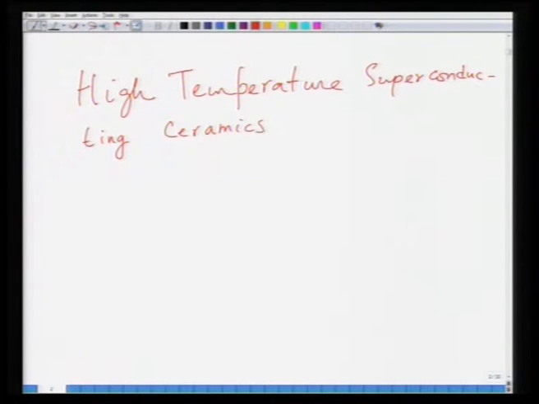An introduction to high temperature superconducting ceramics does not happen without an introduction to superconductivity itself. So we will initially introduce superconductivity, talk about low temperature superconductors a bit, some of the fundamental principles behind superconductivity, and then move on to high temperature superconductivity, and then look at some of the applications which are useful.